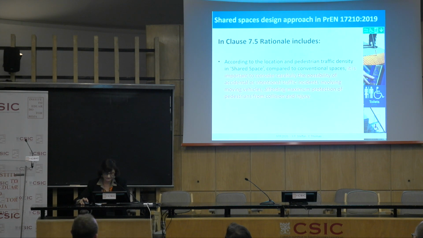In the rationale, we state that it is important to consider carefully the possibility of accidental traffic incidents involving moving vehicles, affording maximum protection of pedestrians from collision and injury.